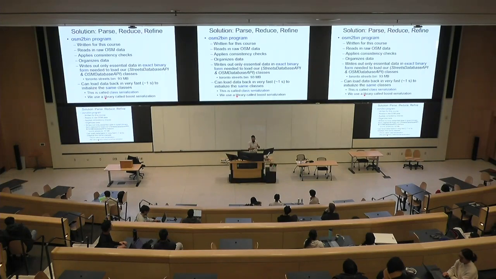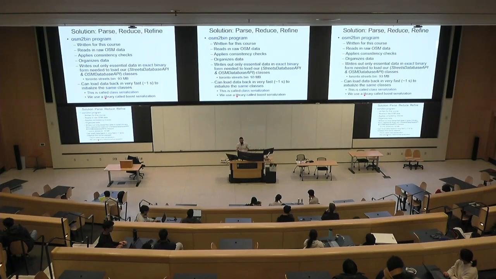All of this process, which is parsing, reducing, and refining, is called class serialization. It's a very well-known technique when working with big data. Basically, the job is to load the data in memory, parse it, and clean it up, and then use a library that can write this data to disk so that you can efficiently read it back again later.